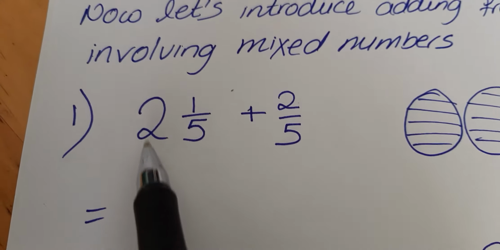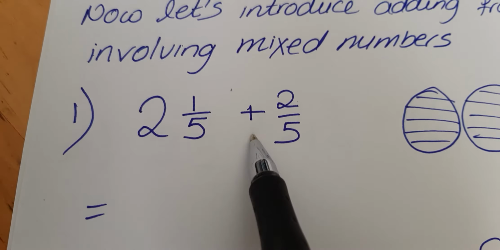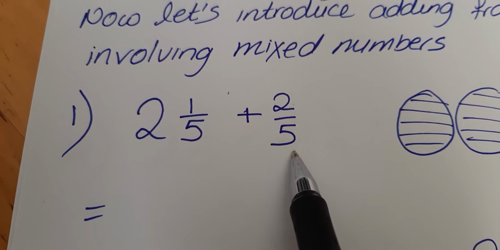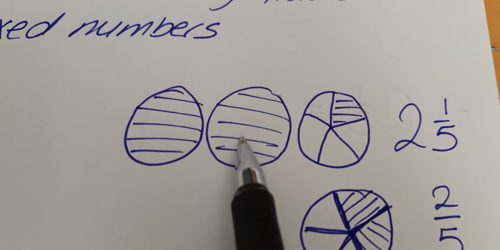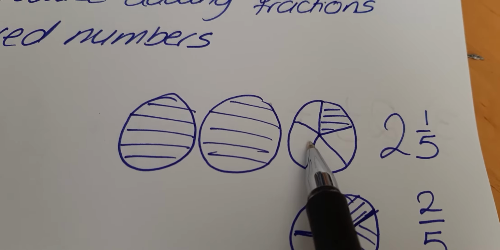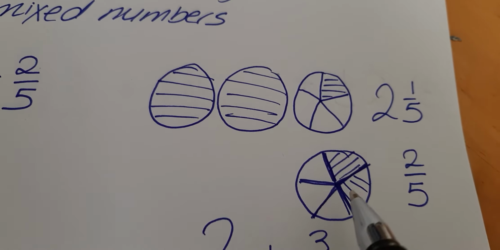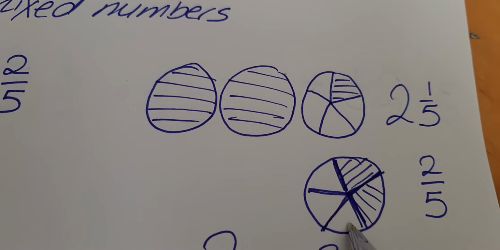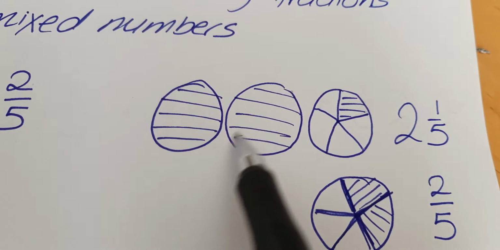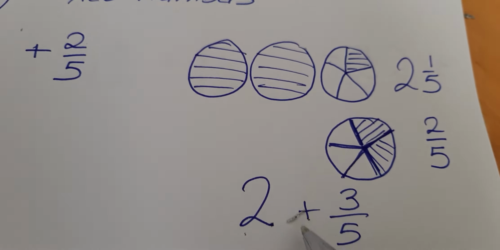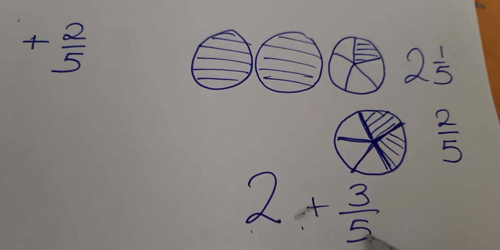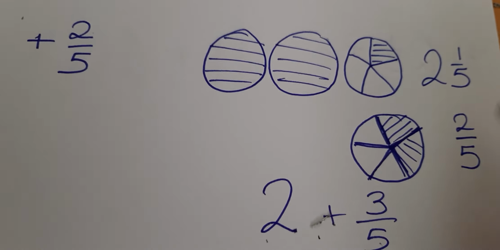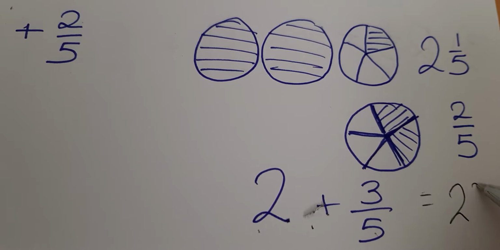If I need to add 2 and 1/5 to 2/5, I have to think about this as 2 whole cakes and 1/5 of a cake. And we want to add that to 2/5 of a cake, which means I'm going to have 2 whole cakes plus 1/5 and 2/5 makes 3/5. So altogether, I'm going to have 2 and 3/5.